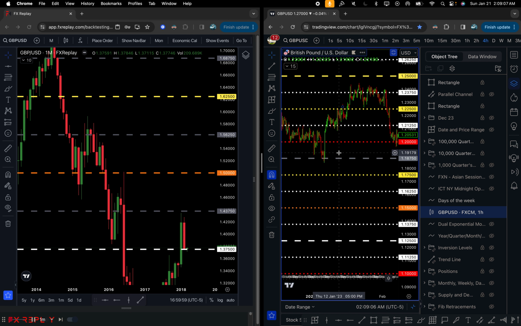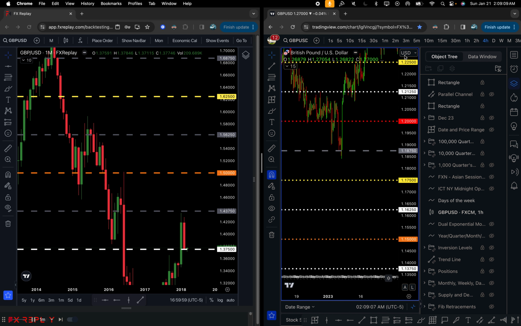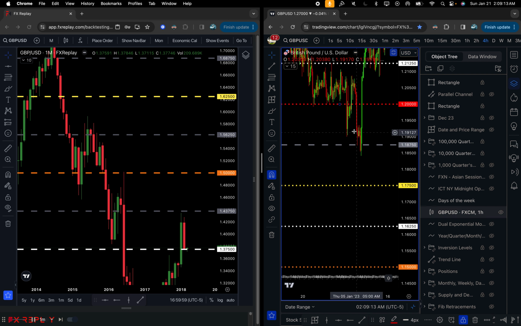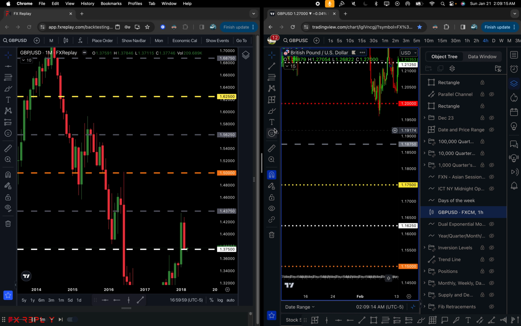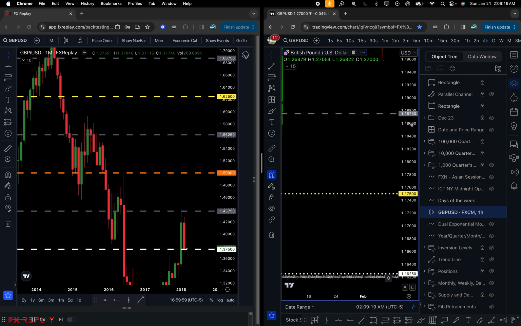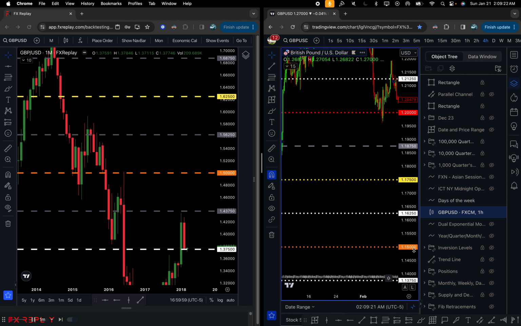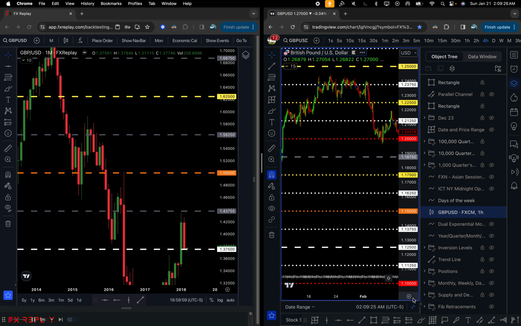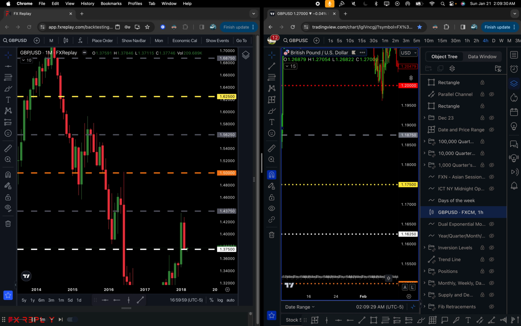Let me just zoom in here. I know it's 4 hour, but just bear with me. It doesn't even matter. We have the 10,000 levels on there, so we have basically from 1.1 to 1.2, right? But if we're zooming in, what do we want?